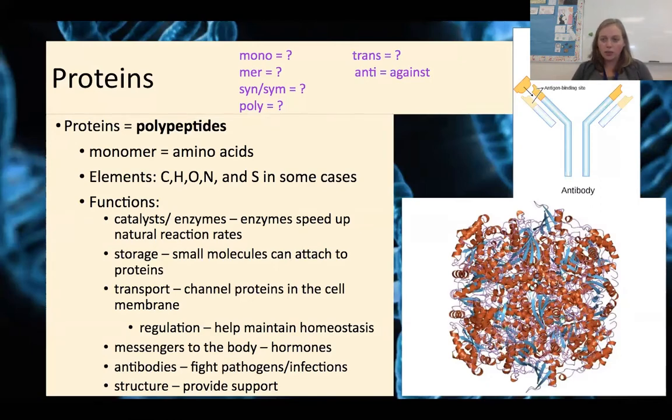Now, proteins are very species specific. So humans have certain proteins that they need. Other organisms have different proteins that they would use. So how do you get your protein? Well, you know that you have to eat it. So let's say that you eat a chicken sandwich for lunch. What happens to that protein in that chicken sandwich? Can you use it directly as it is in that chicken sandwich?